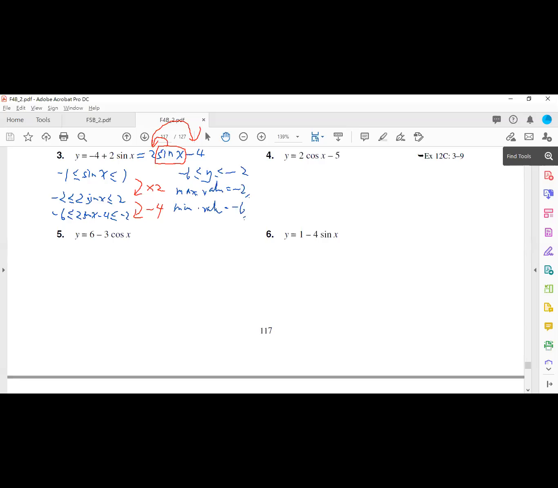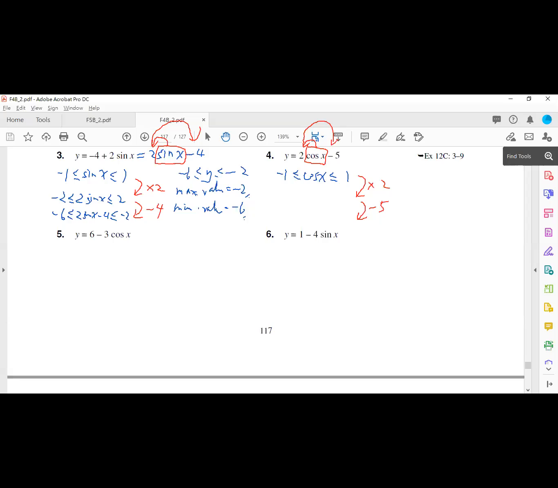And then for question number 4, so we have 2 cosine x minus 5. So we should start with the cosine x inequality and then build up the function. How to build? It's first multiplied by 2 and next subtracted by 5, okay? It should be like this, okay?